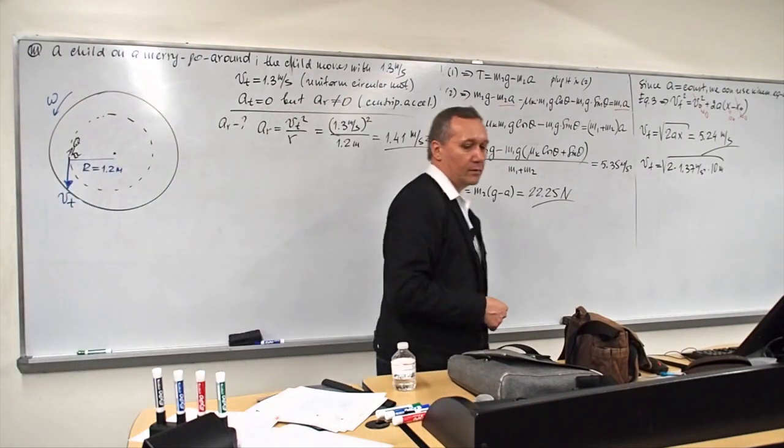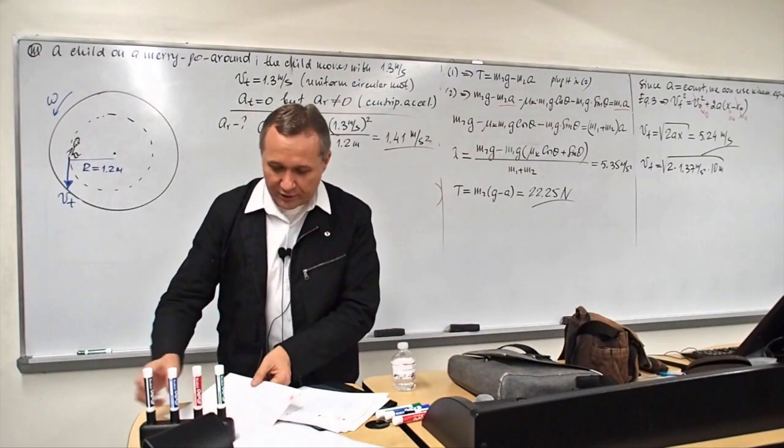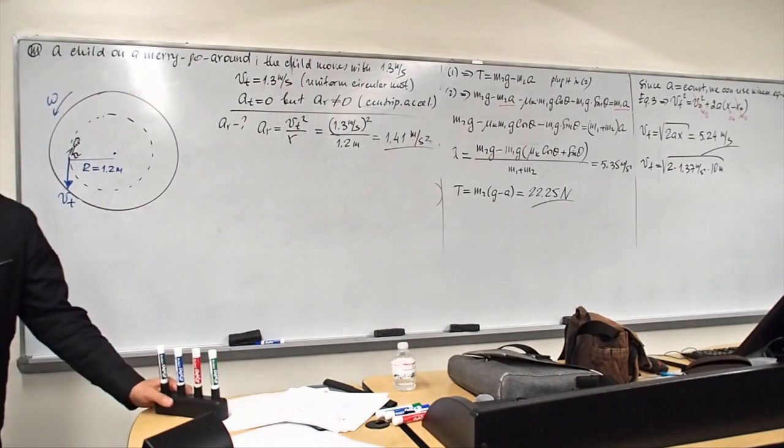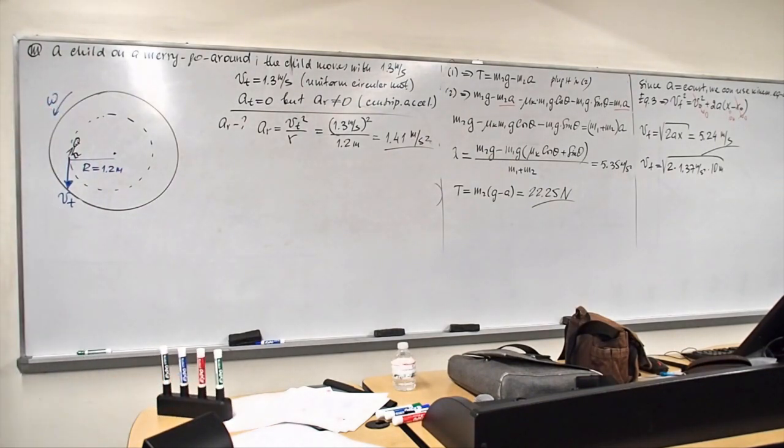Okay, so now let's find it. How can we find it? Net force is mass times acceleration. I thought you would start suggesting formulas for this friction force, but we don't know the static frictional coefficient, we don't know anything.